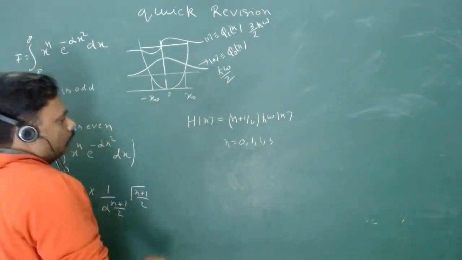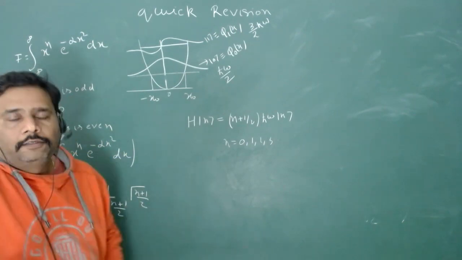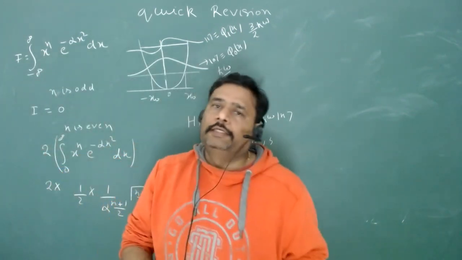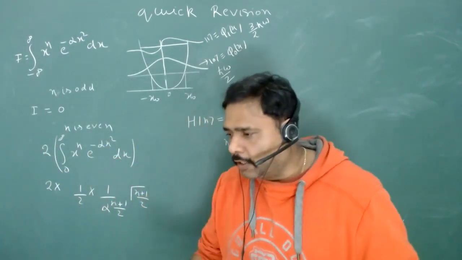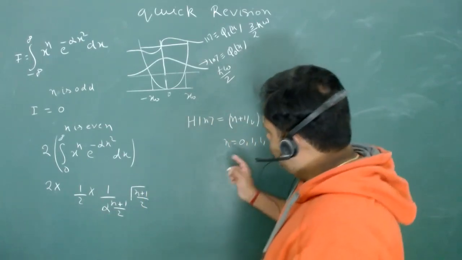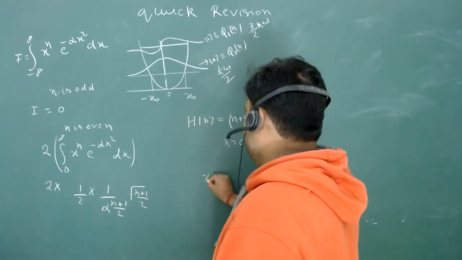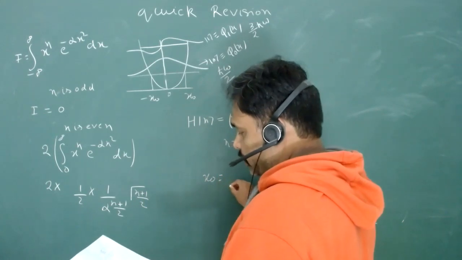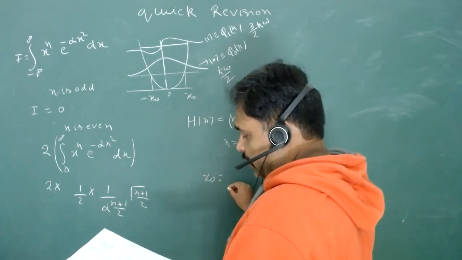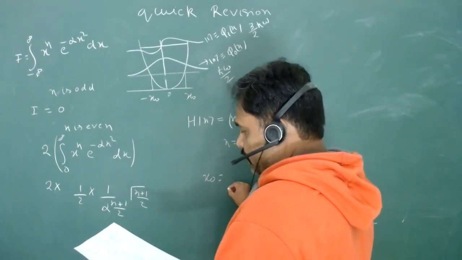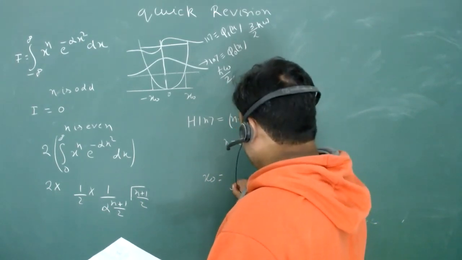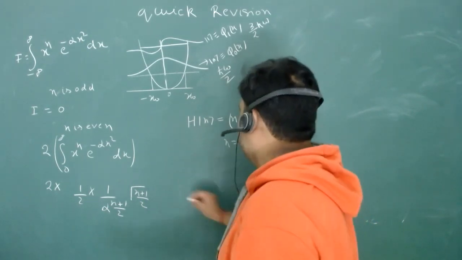And you should also remember the turning point. What is the turning point? The turning point is the point where the total energy is equal to the potential energy. There is not any kinetic energy. So in terms of energy, you can calculate this turning point.